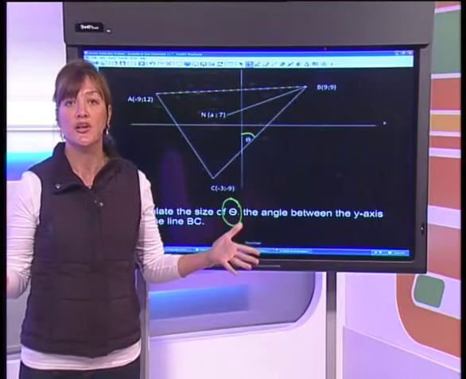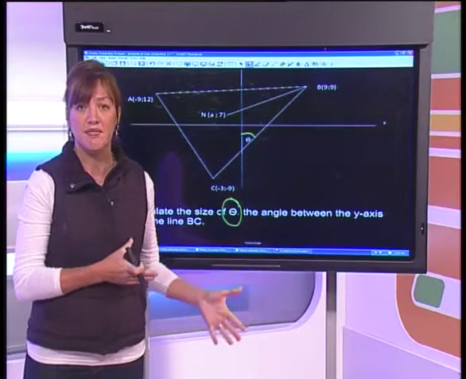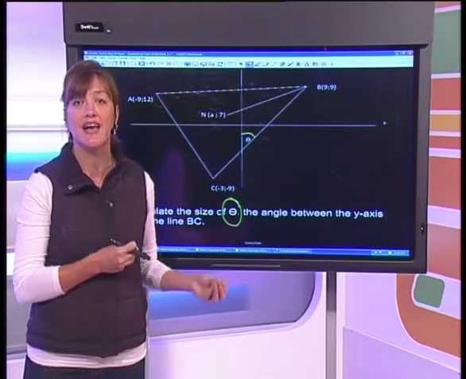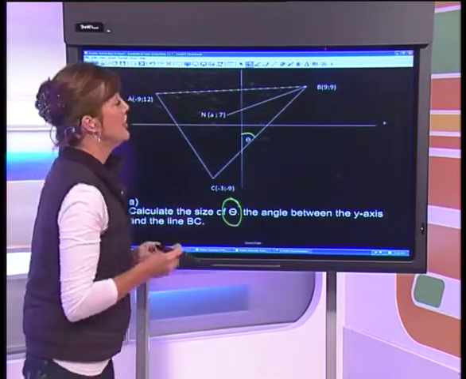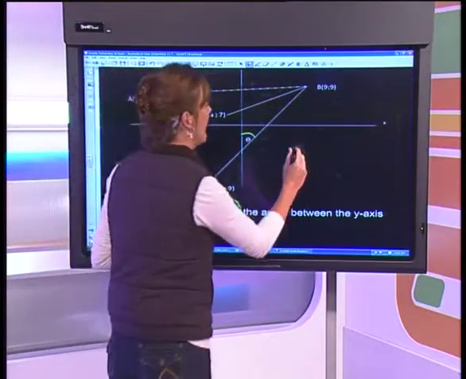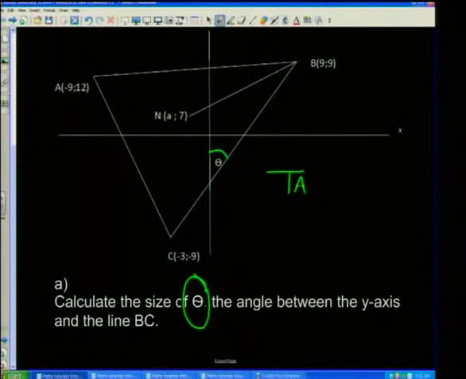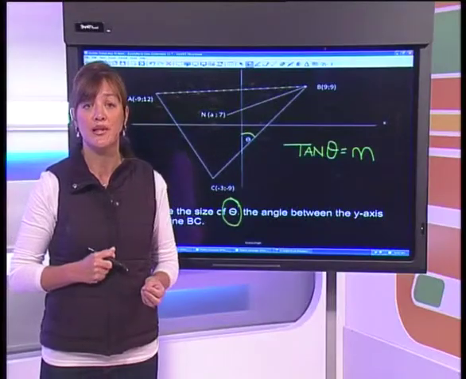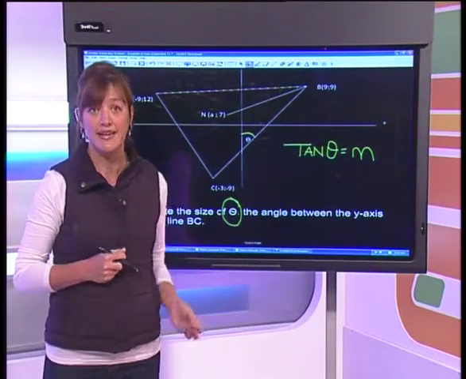Right. What are we going to do? The first thing you need to remember is that if you have to find the size of an angle, you are talking about your angle of inclination. For angle of inclination, we have tan theta equals the gradient of your line. That is the formula that we need to remember for our inclination.